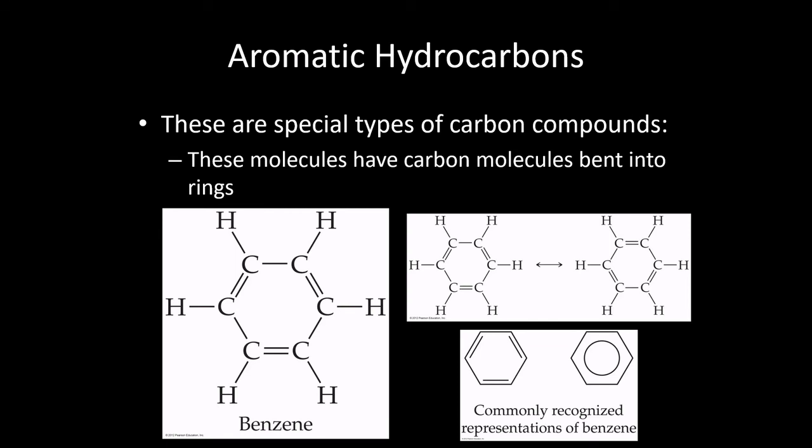All right. Lastly here for this video, you can have molecules made of carbon that form ring structures. These ring structures are always called aromatic compounds. So if you have an aromatic compound in chemistry, you're not necessarily saying that because it smells. That is kind of the common use of the term aromatic.